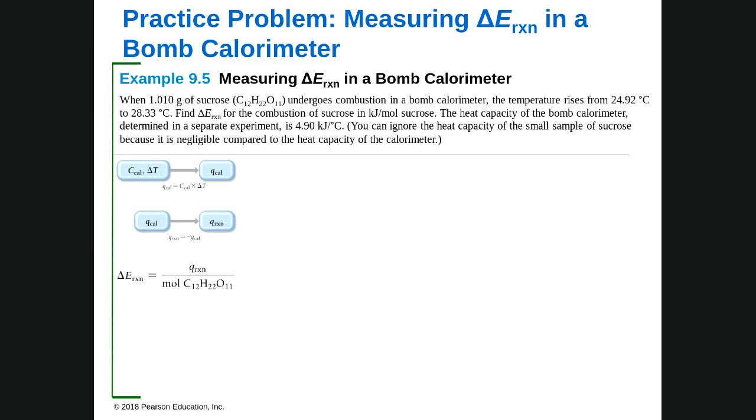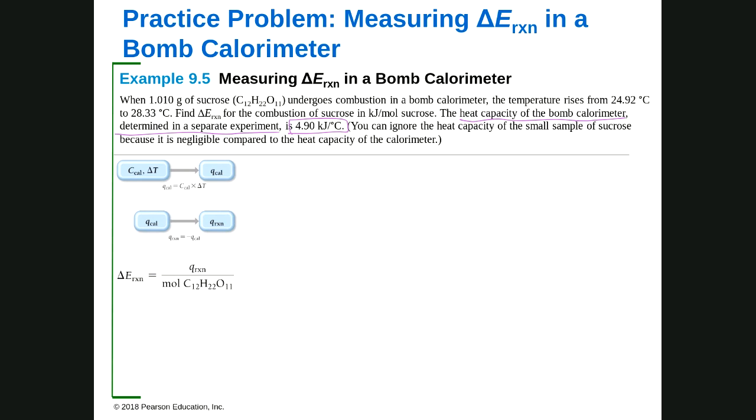So when we're doing a problem with the bomb calorimeter, we're going to find the C of the calorimeter unless they give it to me. Notice in this problem, the heat capacity of the bomb calorimeter was determined in a separate experiment, and it is 4.90 kilojoules per degree C. So it already gave me that.